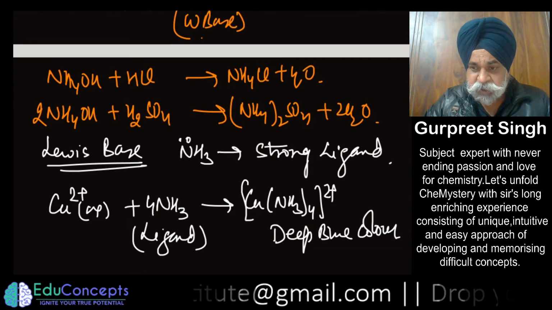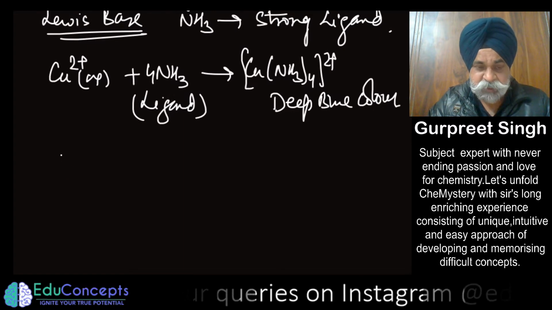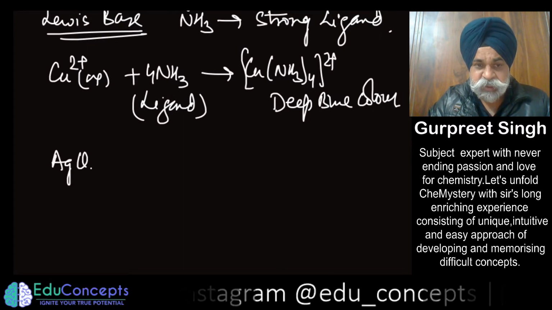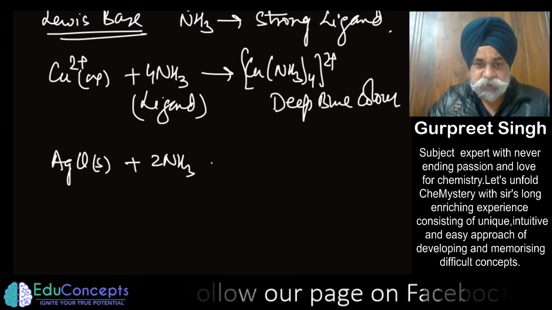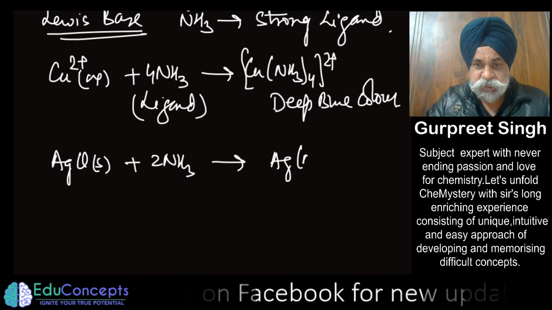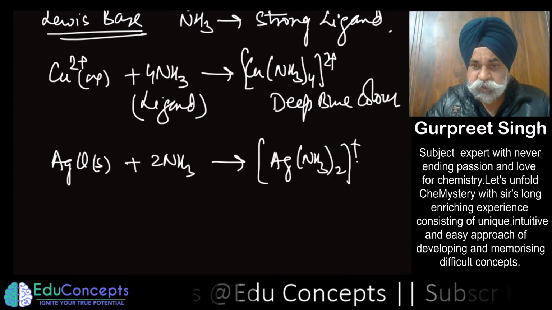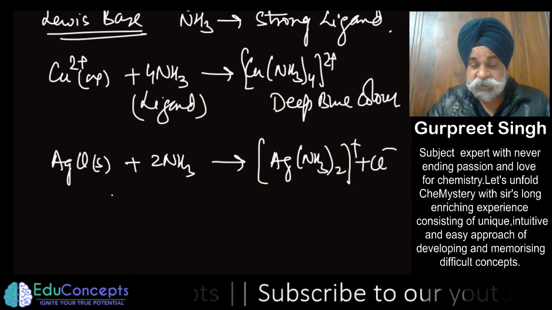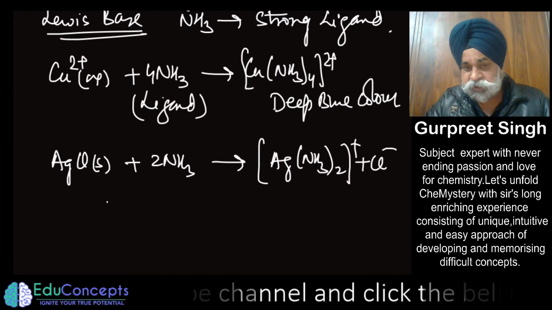Now similarly, if I have, let's say, AgCl, AgCl is a precipitate, a solid, and if you put it into ammonia, it gets dissolved because it tends to form a complex like this and chloride. So the precipitate which we get from AgCl can be easily dissolved with ammonia.